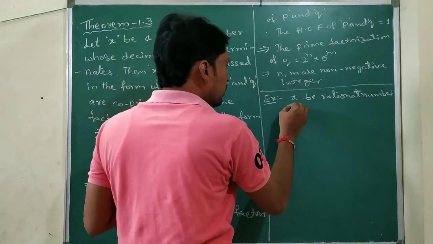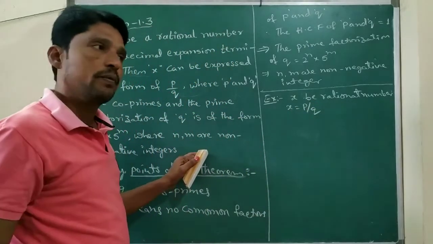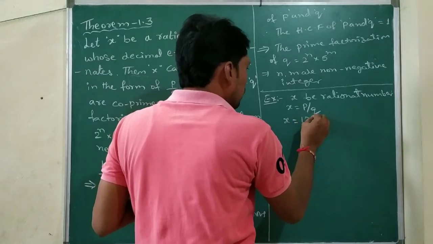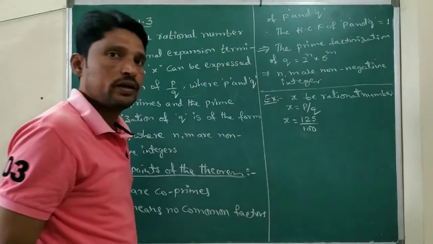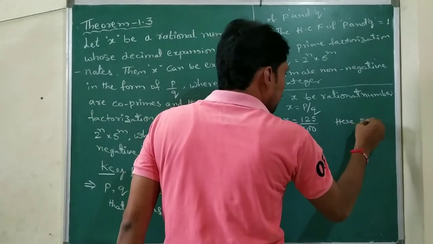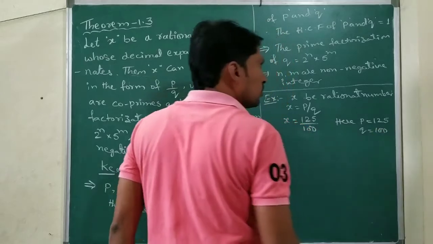X is a rational number means it must be in the form of p by q, x equals p by q. So I took one example, 125 by 100. Here p equals 125 and q equals 100.